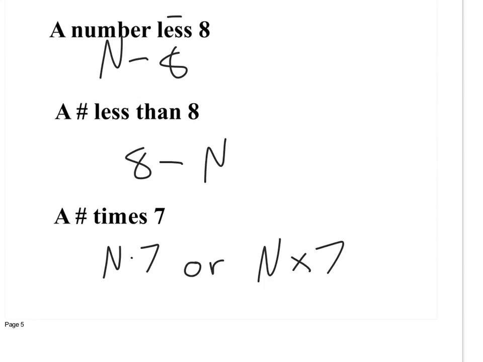So this is the most common that you would see: n times 7 or 7n. Every one of those means the exact same thing. And does order matter in a multiplication problem? No. All right. Any questions?